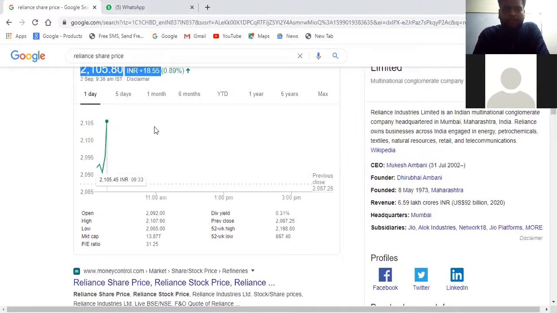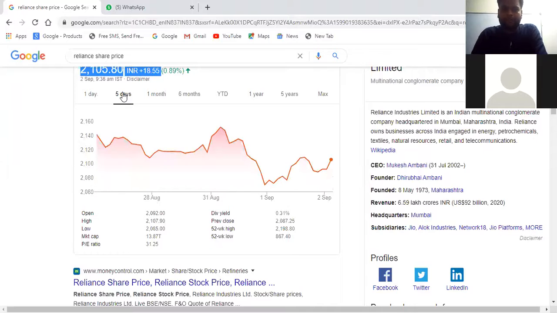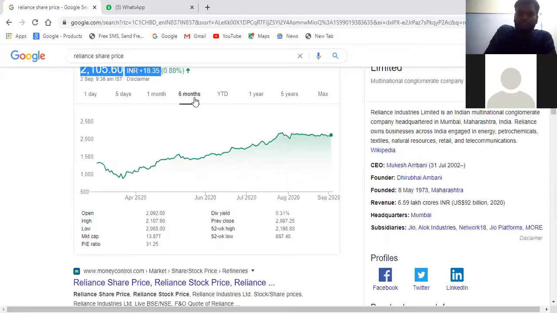Okay, then when it comes to the 5-day chart, let us look here, there is fluctuation. This is the fluctuation we are having. Okay, then what about the 6 months chart, look here. See how much people earn in the share market.